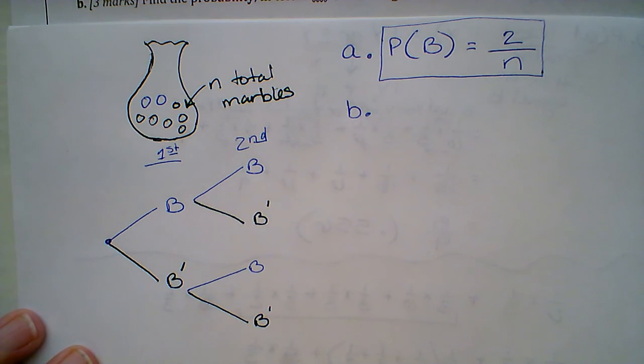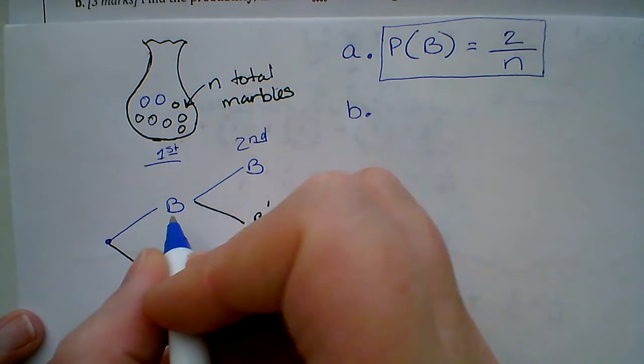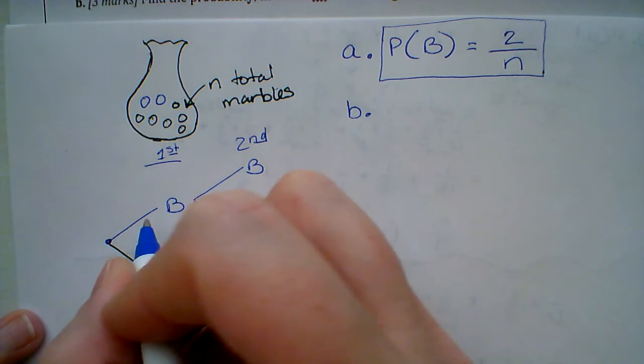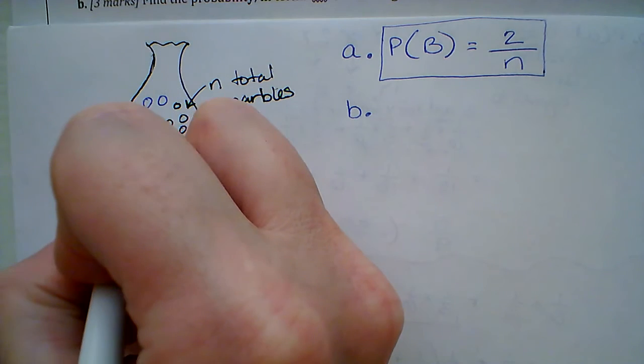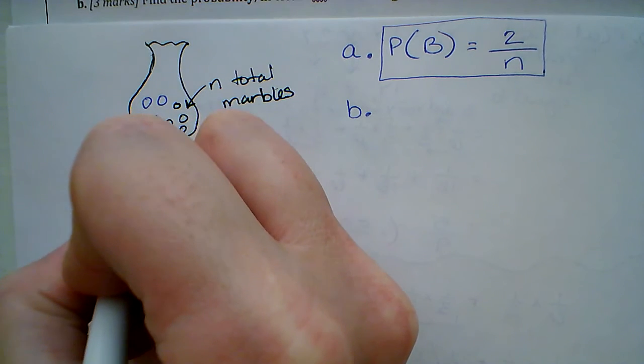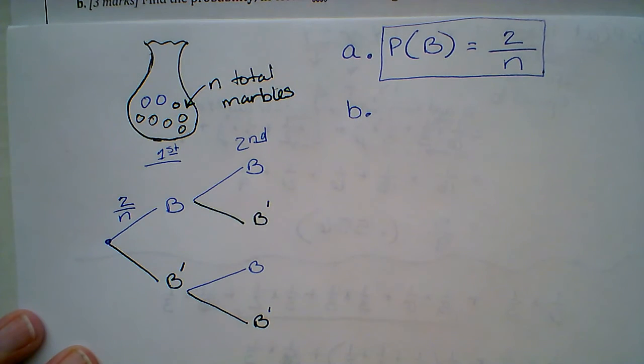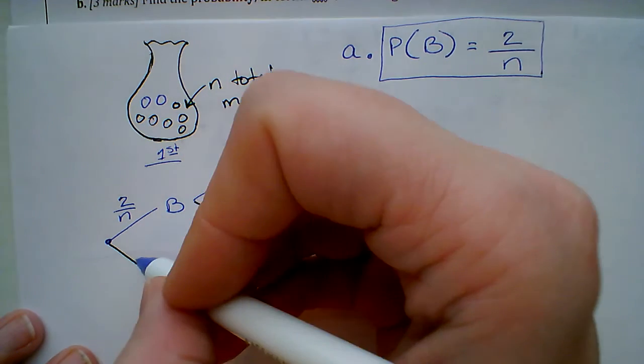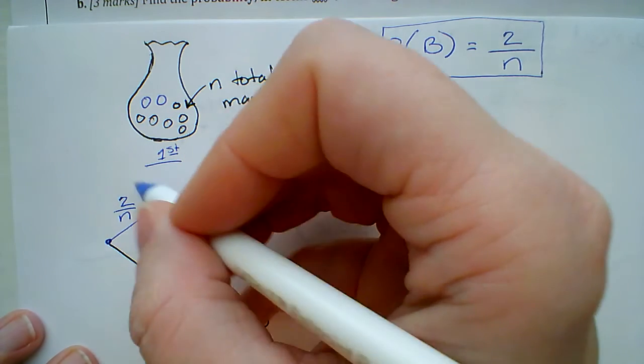Okay, let's think about probabilities here. We just found the probability of drawing a blue on our first draw is 2 out of n. Well, how are we going to get the probability of drawing a not blue marble? If you remember back to some of our other examples, these two have to add up to 1.